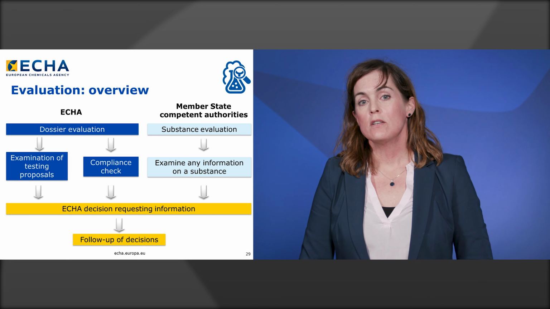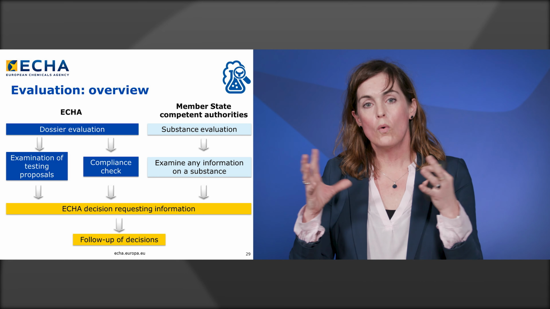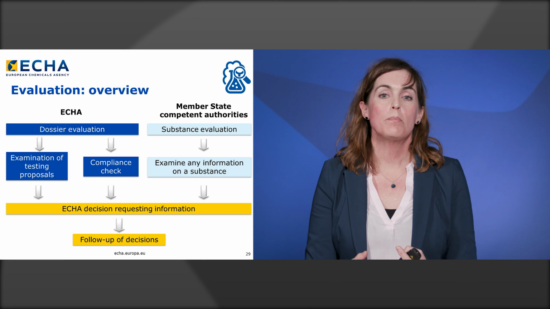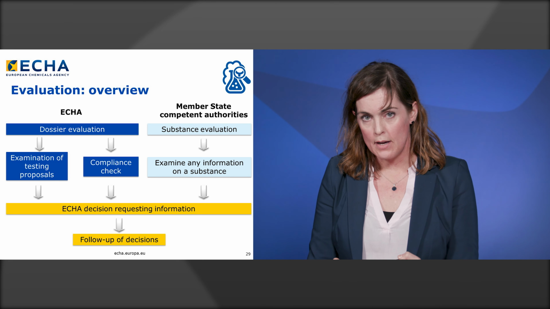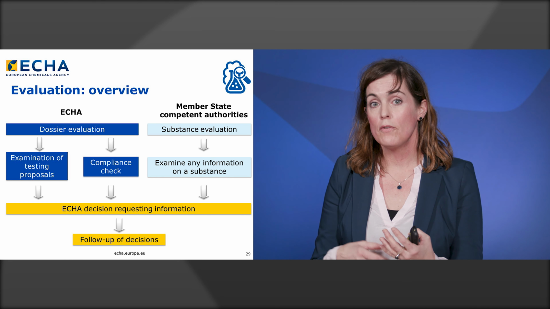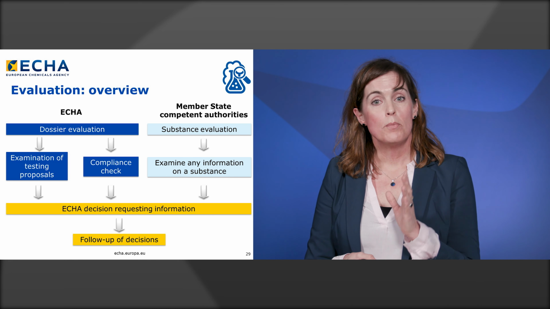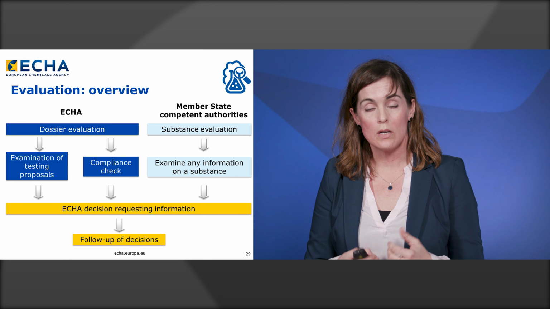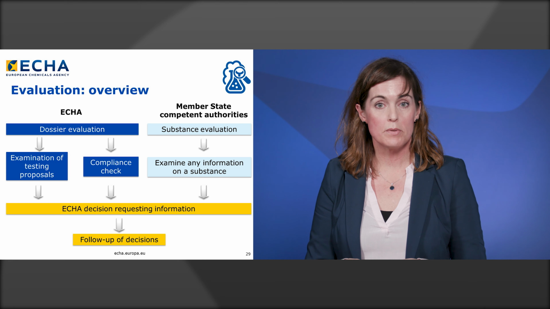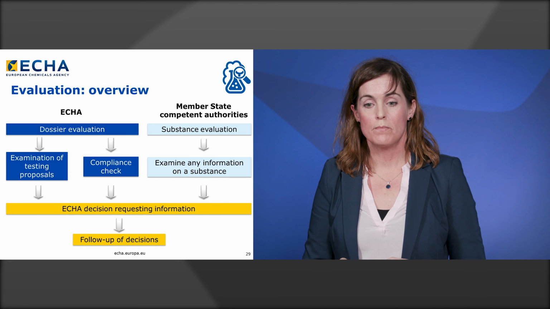There is another kind of evaluation which is done by member states, where they look more into all the information concerning one substance and evaluate if the information available is sufficient or if further information is needed. This is a process which is based on a concern. So a concern is identified with the substance, and that's the starting point for a substance evaluation.